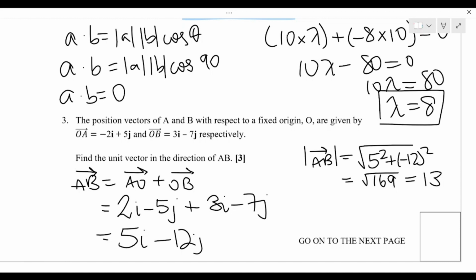And therefore, the unit vector in the direction of AB is going to be 1 over 13 times the vector. Because the unit vector in the direction is always going to be 1 over the magnitude of the vector times the vector. Alternatively, you could write this as 5 over 13 i minus 12 over 13 j.